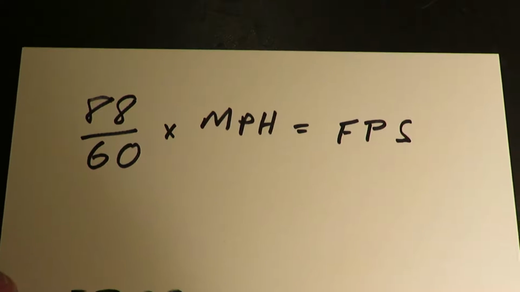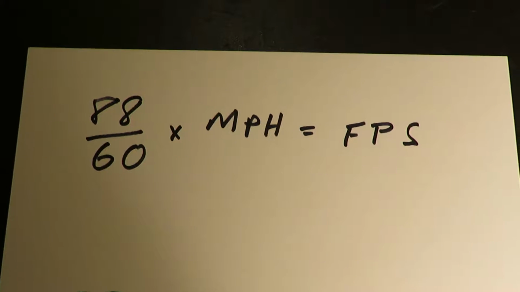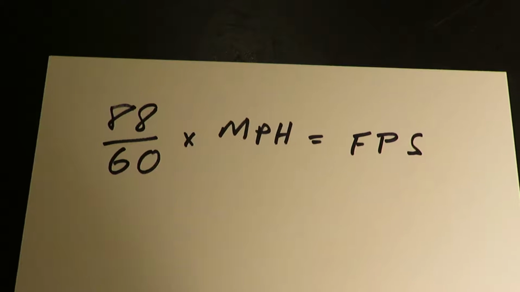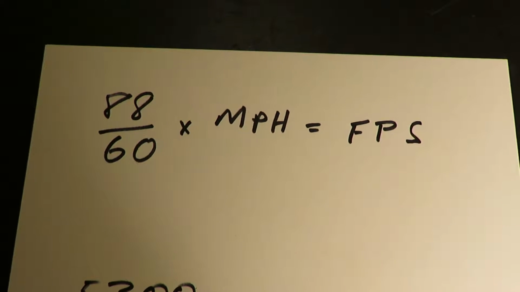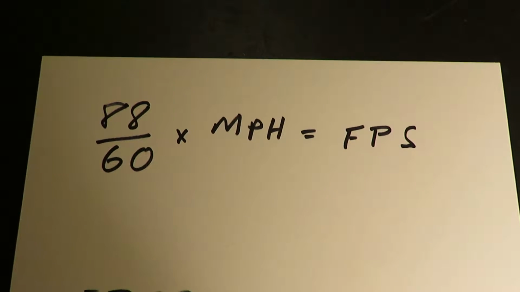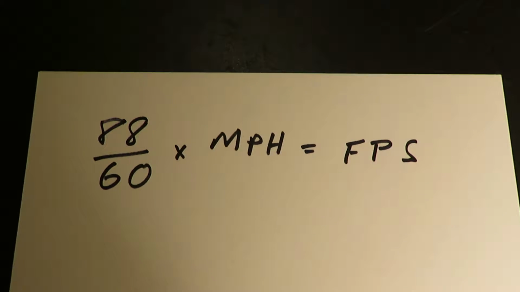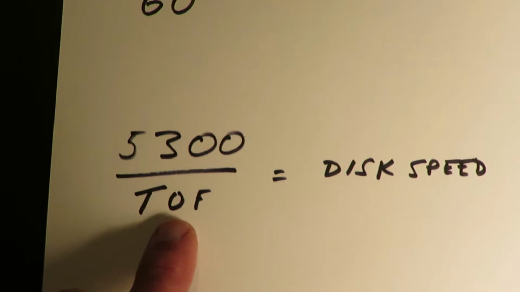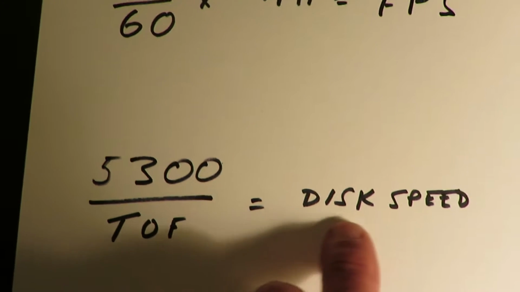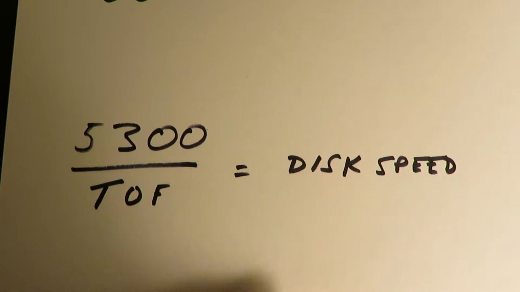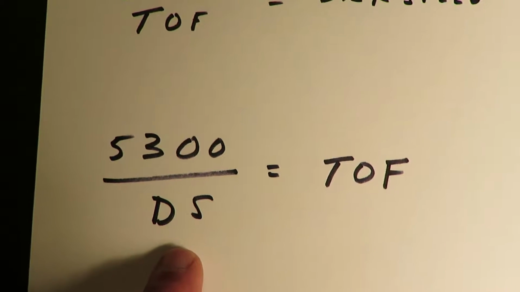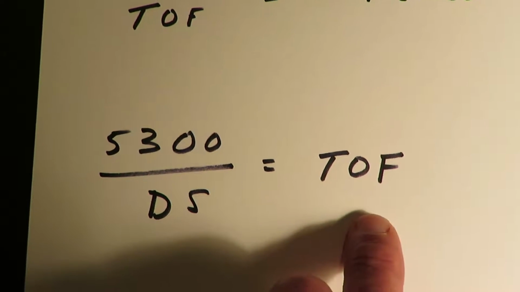As mentioned, the bombsight disk speed motor is designed to rotate 88 1/3 turns from the time of bomb release to impact, and the bombsight has a constant of 5,300. If you take 5,300 and divide it by the time of fall, that gives you the disk speed setting. Conversely, if you take 5,300 and divide that by the disk speed setting, you get the time of fall.